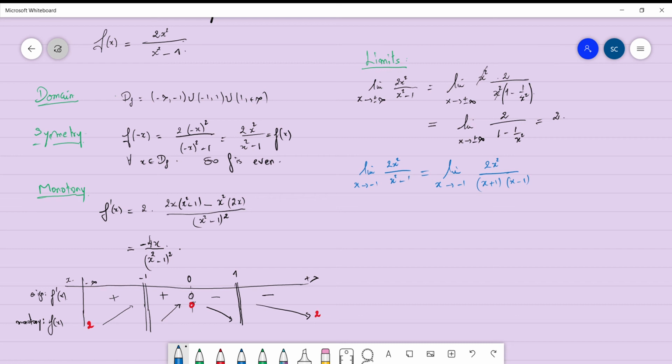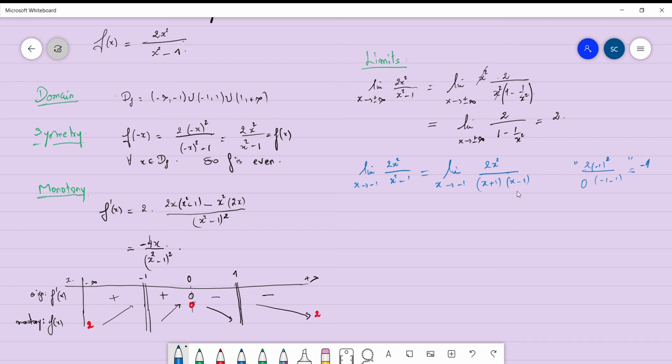At the denominator, it behaves like (x - 1) times (x + 1), so -1 - 1 gives -2, something negative. But then you will have a 0 from the other factor, so you will have something like -2 over 0.